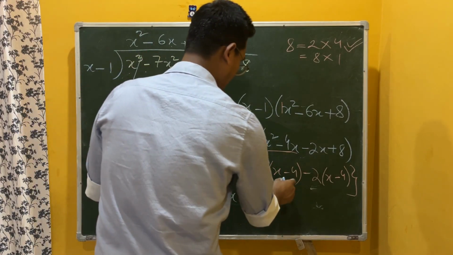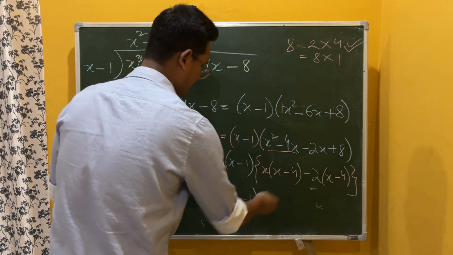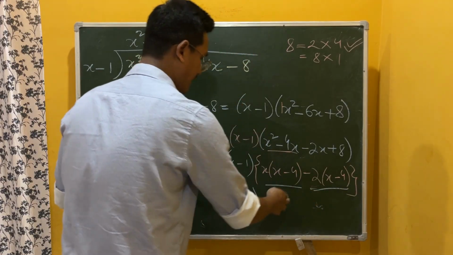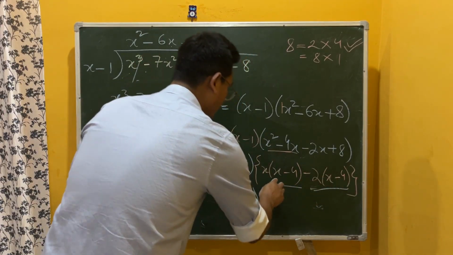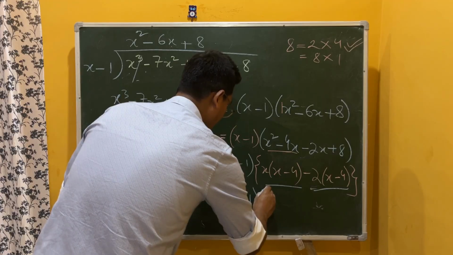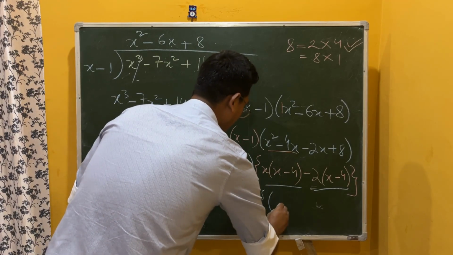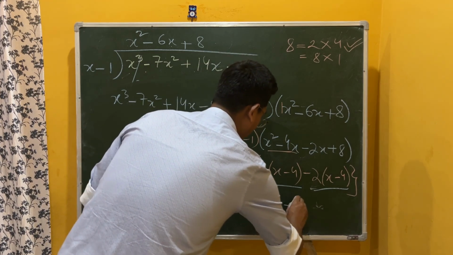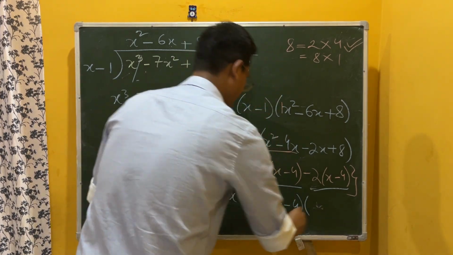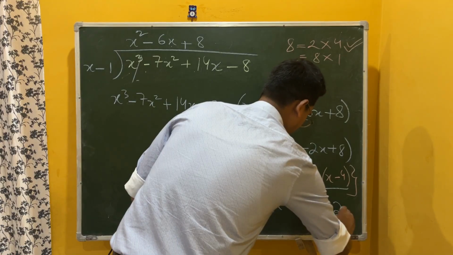So here the common between the first two terms is x minus 4. So from here also you take common. Now you may leave the curly bracket, or I'll show it. x minus 4 and x minus 2.